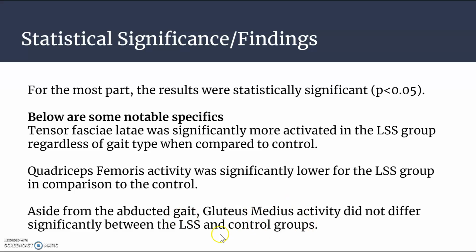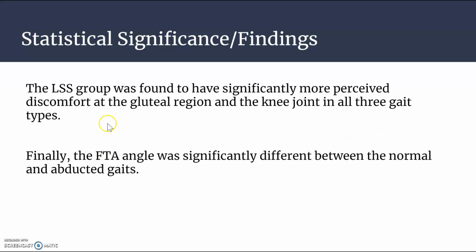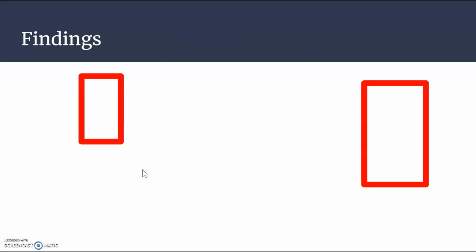Gluteus medius, aside from the abducted gait, did not appear to be significantly different between either group. The LSS group was found to have significantly more perceived discomfort at the gluteal region and the knee joint, the 2 regions measured for that specific stat in all 3. And the femorotibial angle was significantly different between the normal and abducted gaits.